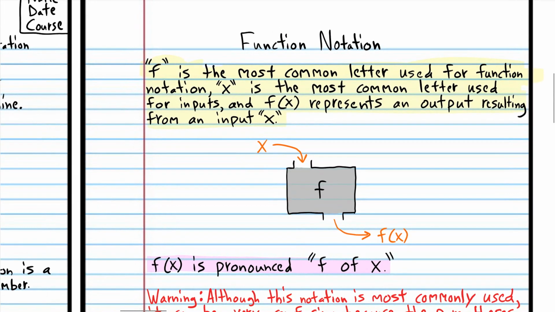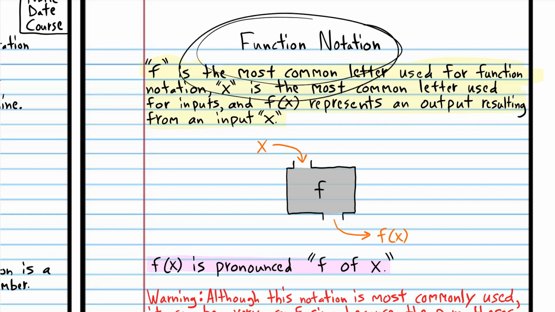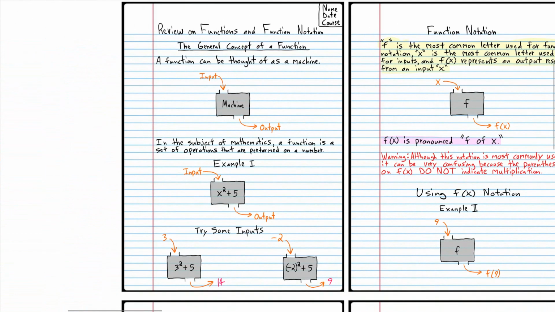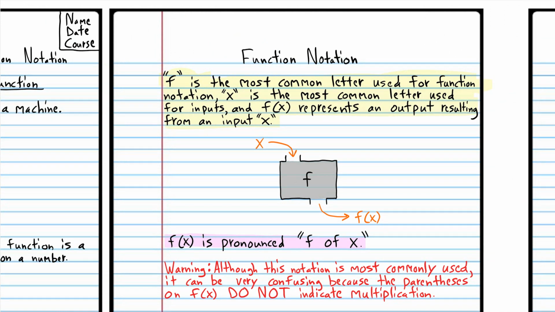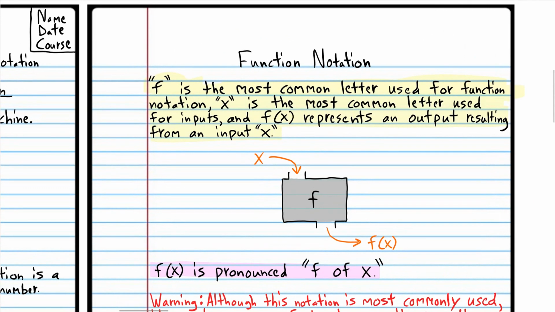The most difficult thing when it comes to functions is the notation. The concept of a function, as you can see, is pretty easy, but the notation can be intimidating. F is the most common letter that we use to notate functions, obviously, because F stands for function.